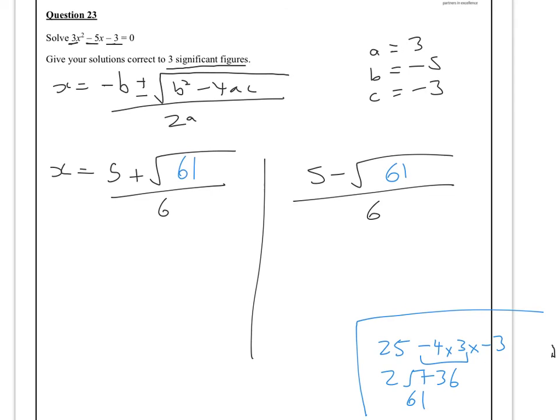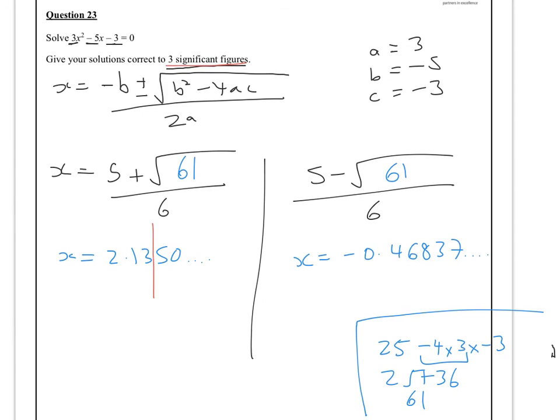And then if we work out both of these on our calculators, this root where we use plus gives us that x equals 2.1350, etc. And the other one is x equals minus 0.46837, etc. And we want to round them to 3 significant figures.